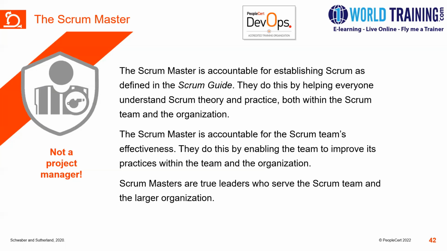The Scrum Master is basically an enabler, and is accountable for ensuring that everyone in the team adheres to the Scrum practices defined in the Scrum Guide. If you see the latest version, Scrum Guide 2020, this document is hardly 20 pages.